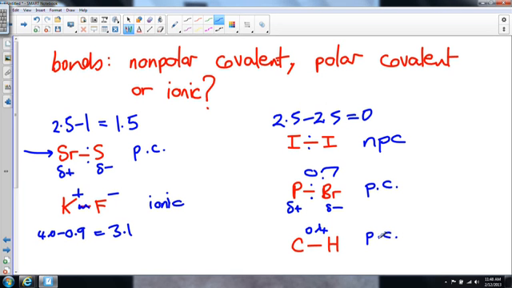But the key here is, can you figure out if a bond is polar covalent, non-polar covalent, or ionic? And this is how you do it. An understanding of this is useful for when we come to combining bonds into molecules and figuring out if entire molecules are polar or not. But anyway, that's how you figure out polarity of bonds using electronegativity.